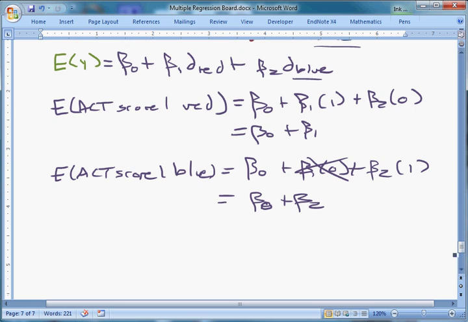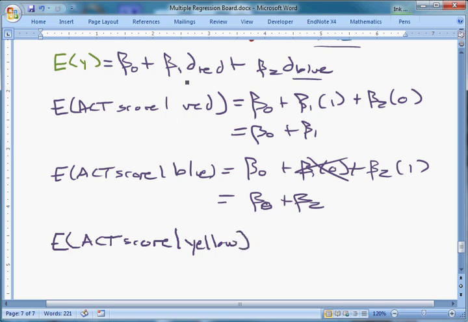Last but not least, we can look at the omitted category. We omitted yellow, but we can still figure it out. Let's try that again. Your estimated ACT score, given that yellow is your favorite color.